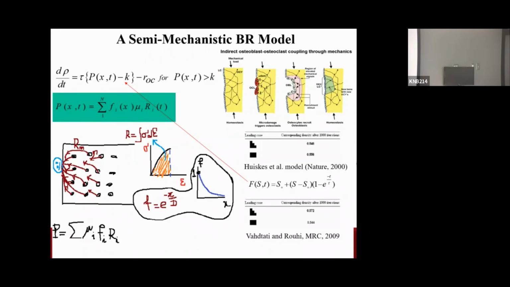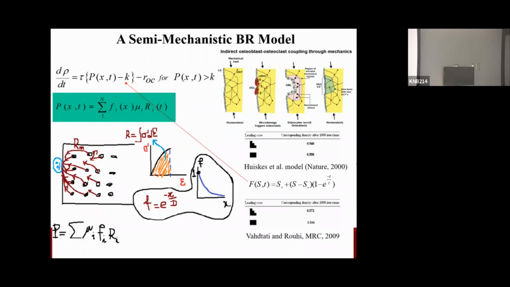It is very straightforward. They've assumed that the activity of osteoblast is being dictated by the signals sent by all these osteocytes. This is the osteoblast, and it is happy, going to make bone. And these are osteocytes. They send signals to this one.